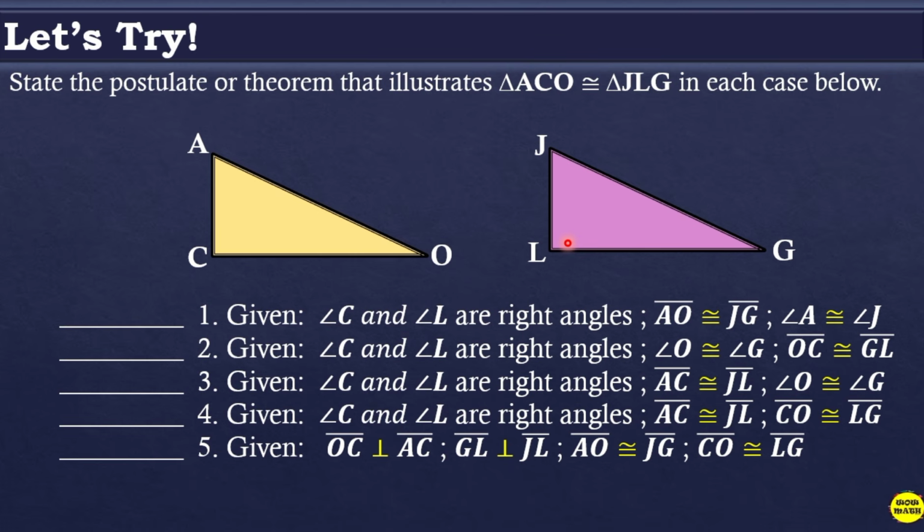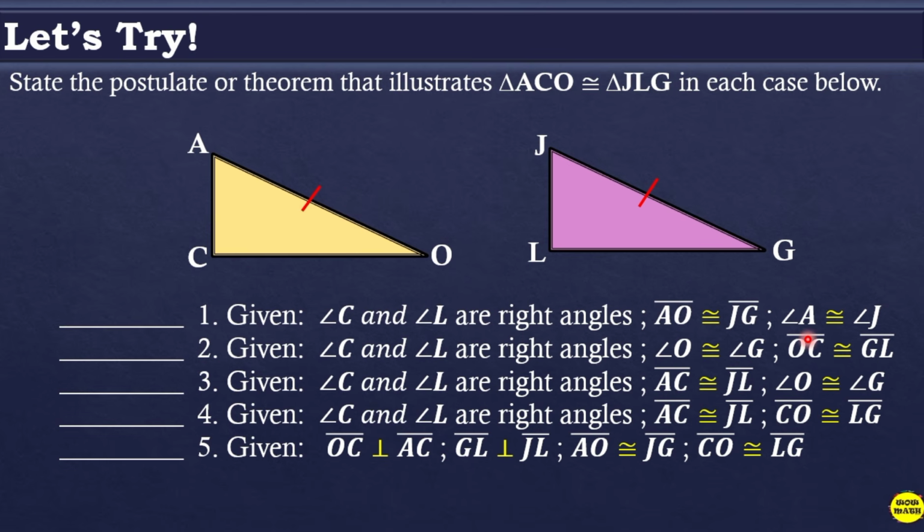It's either the hypotenuse and the leg, or the leg and the angle. Kapag meron po tayong right angles, we only need two corresponding parts na dapat congruent. So we have segment AO is congruent to JG. Ayan po, lagyan natin ng mark.